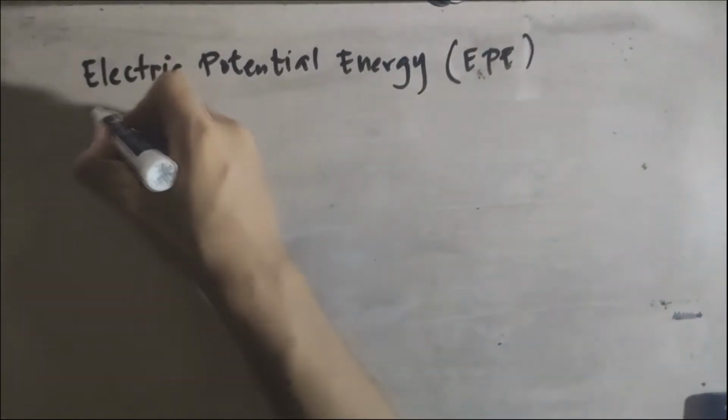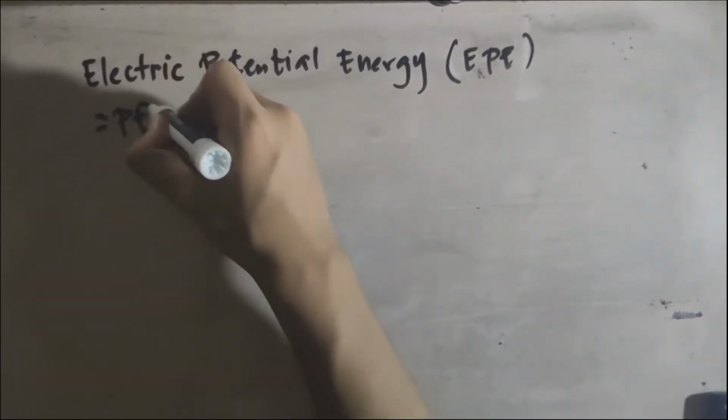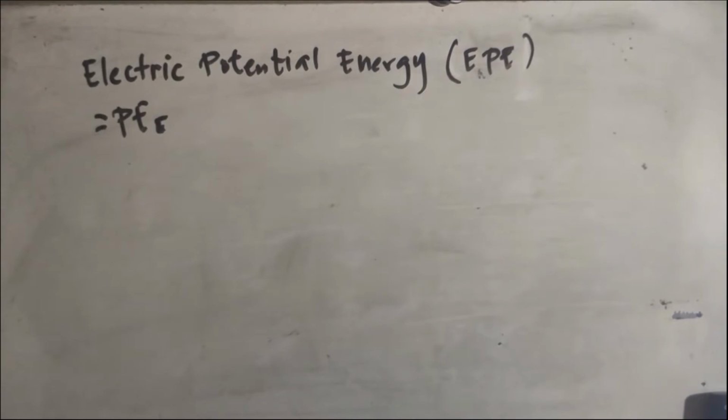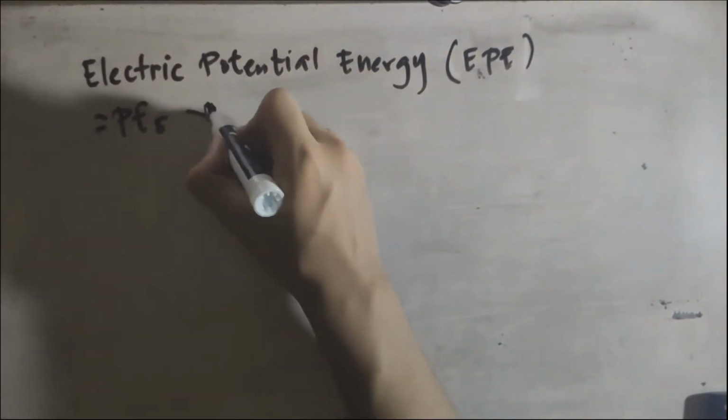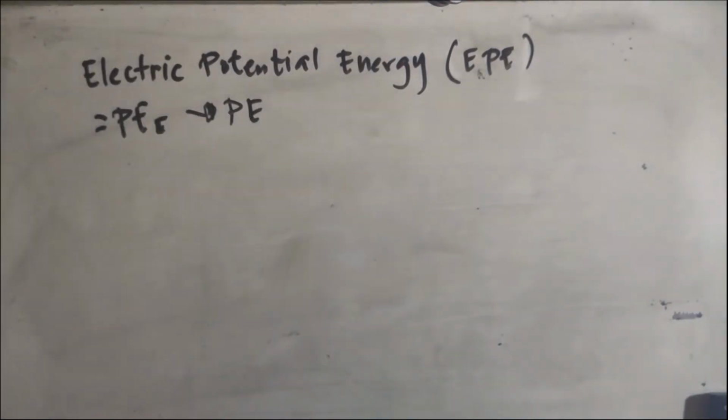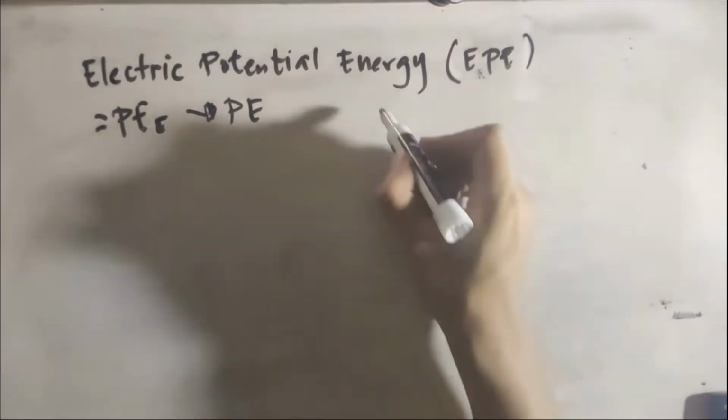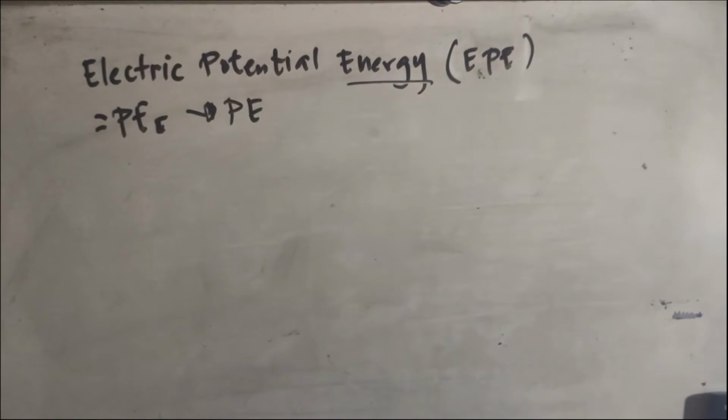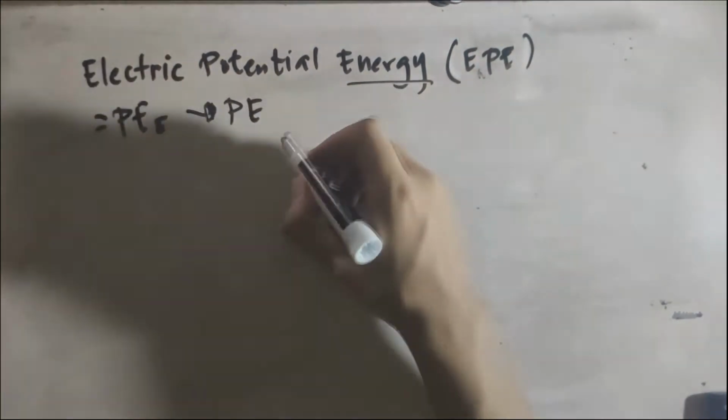But for the sake of this lesson, we're going to use the variable PE sub E, because basically this is potential energy. So you can also write this as PE. This is the energy required for you to move one charge from one point to the next. Since this is energy, the unit is in joules.